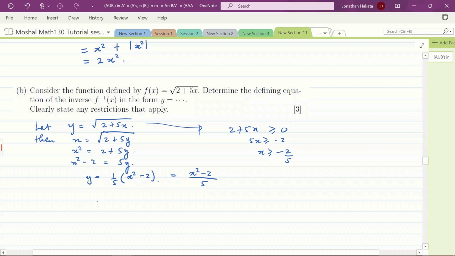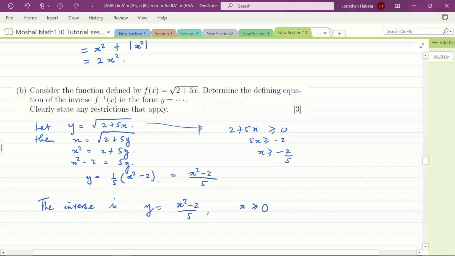Then we can say the inverse is y equal to x squared minus 2 over 5 with x greater than or equal to 0.